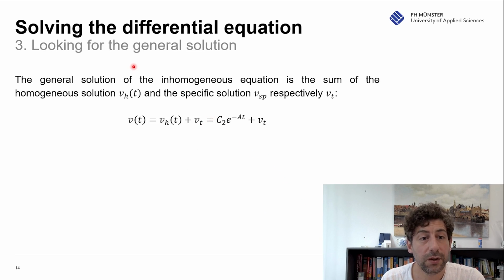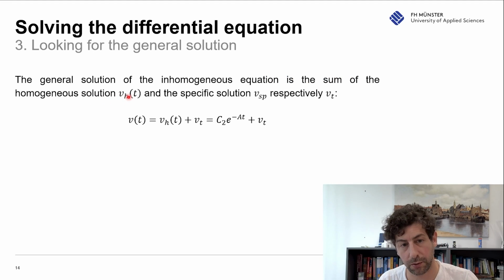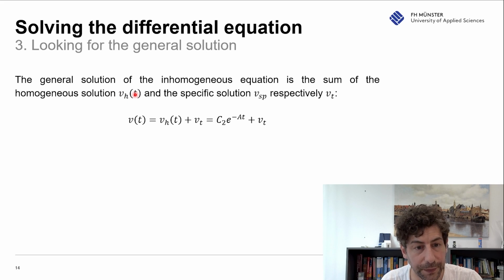So now we need to find a general solution of the equation, and the general solution of the inhomogeneous equation is the sum of the homogeneous solution, so the first solution we have, and the specific solution, so the second solution we have. So we need the velocity homogeneous as a function of t, right, acceleration in here, and the specific solution where we said vt, terminal velocity.